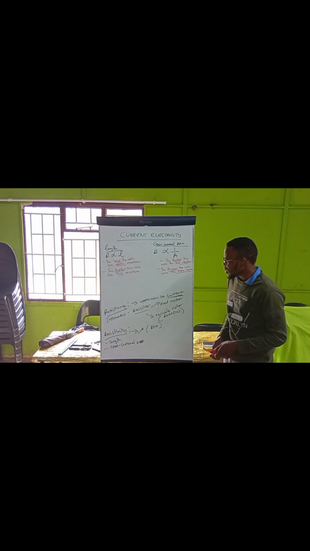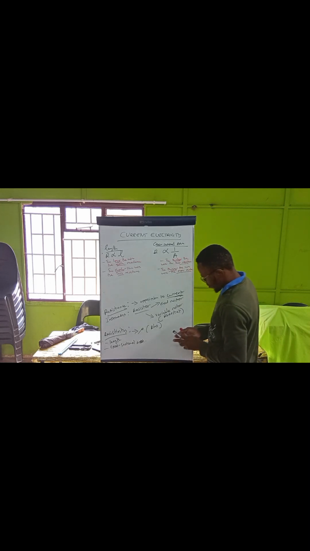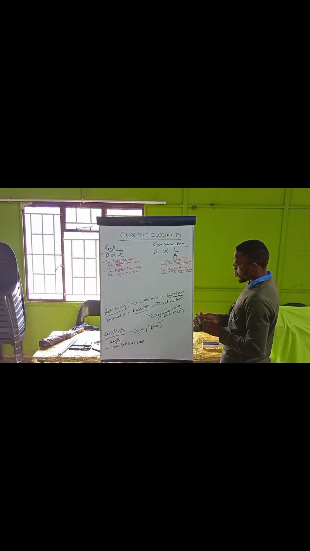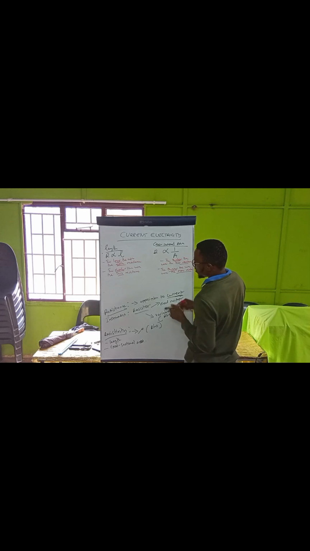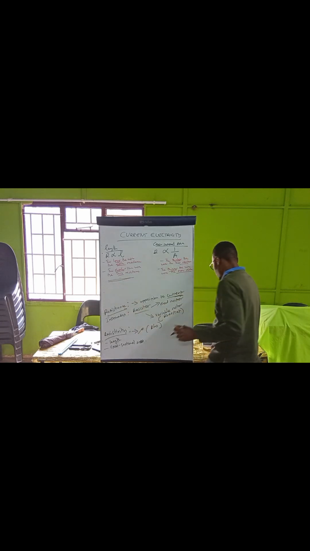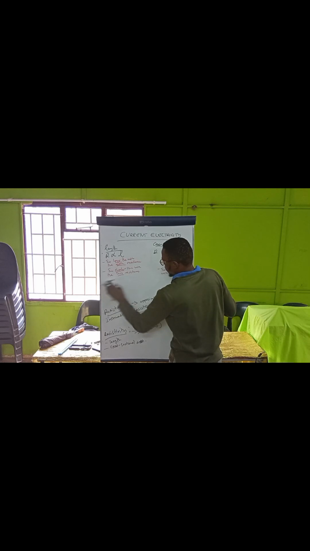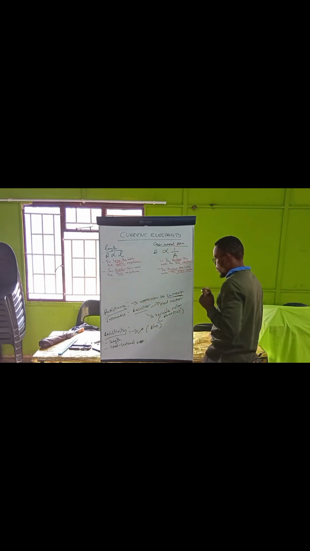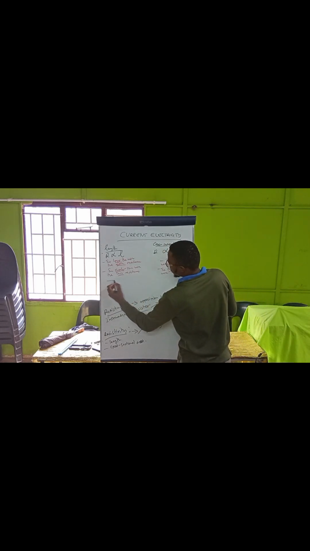Now coming to the cross-sectional area, how to explain this? Maybe let me also draw some illustrations here to make it easy. Let's say in this case, because the variable that I am focusing on is the length, they will have to have the same diameter or the same cross-sectional area.